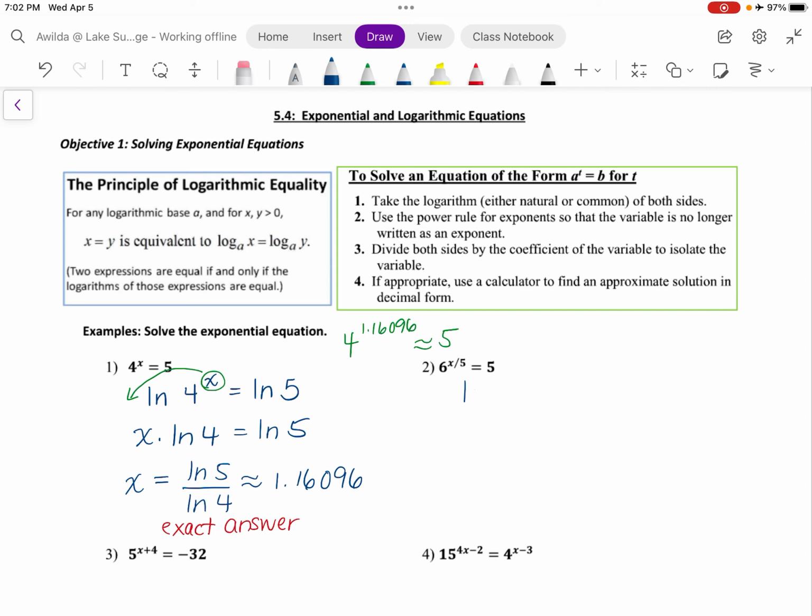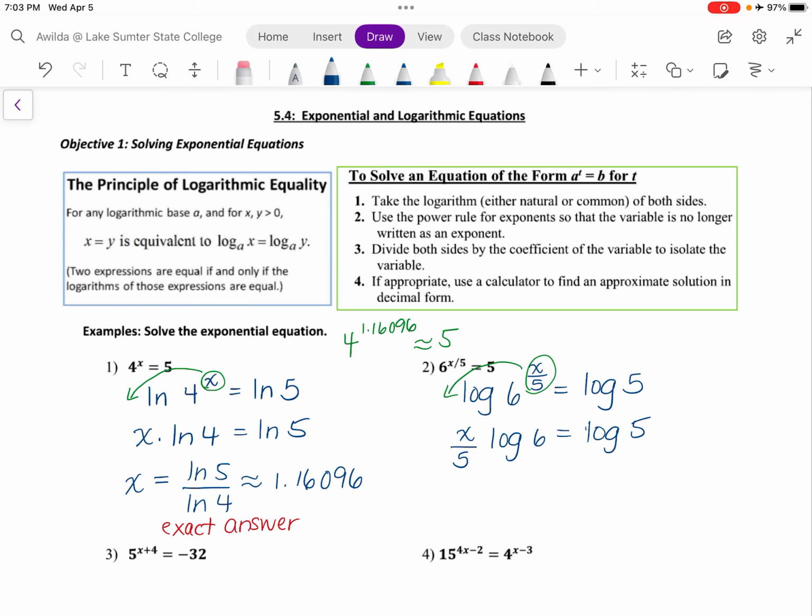So we have common logarithm of 6 to the x over 5 power equals common logarithm of 5. Once again, we'll use the power rule to release the exponent in the argument and make it a coefficient of the logarithm. So we have x divided by 5 times logarithm of 6 equals common logarithm of 5.